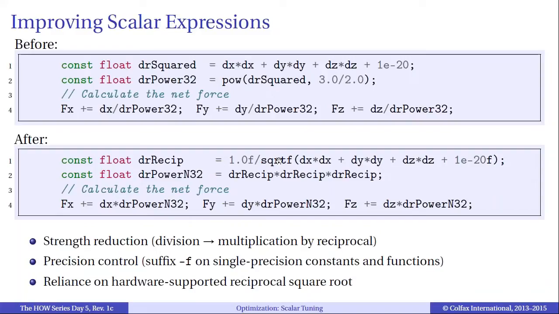They think that, well, the library should be smarter than that. C++ has function overload. So when you feed a function a single precision argument, it should be overloaded with a single precision implementation of this function, shouldn't it? And this is correct, but only in the namespace std. So if I had std::pow, then it would be an overloaded function. But in the global namespace, there is no overload. So adding this little f makes a huge difference.